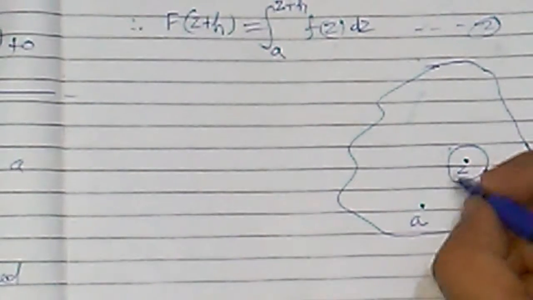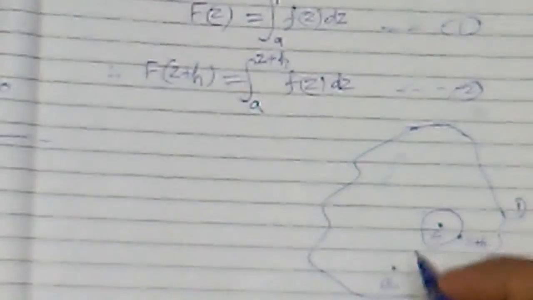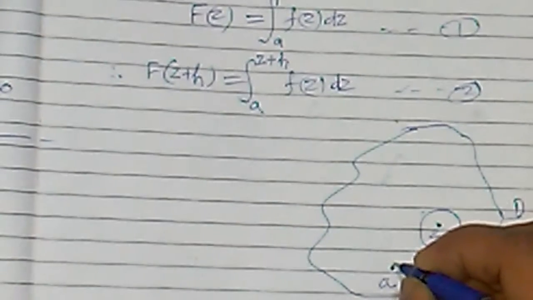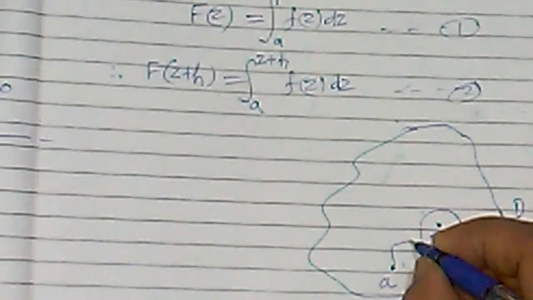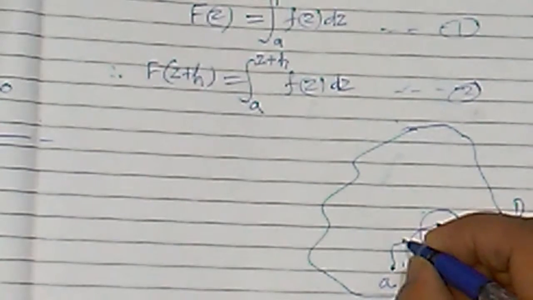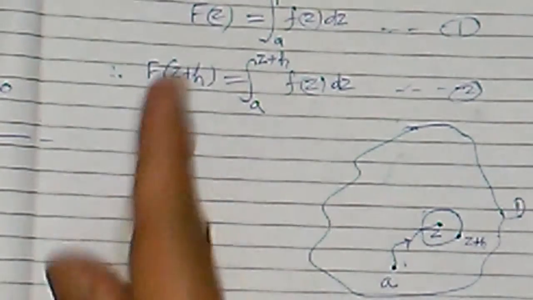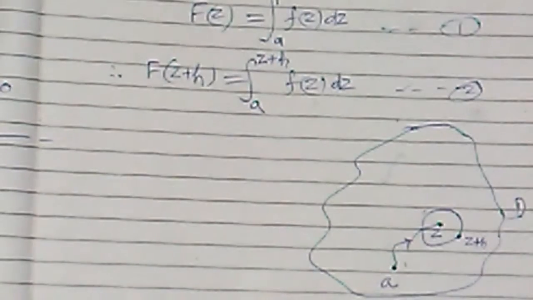We join a to z for this integral, the function capital F(z). We choose any path from a to z because we proved that this integral is independent of path.